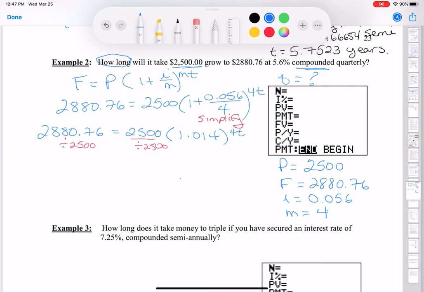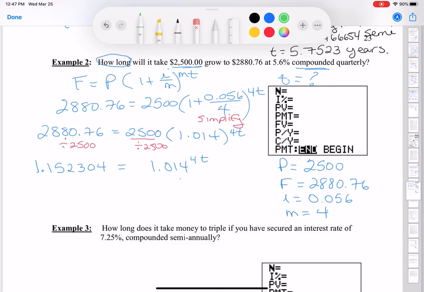So we'll go 2880.76 divided by 2,500, and that gives us a decimal of 1.152304, and that is equal to 1.014 to the 4t. Now happy am I because I have a number on one side and a power on the other side.